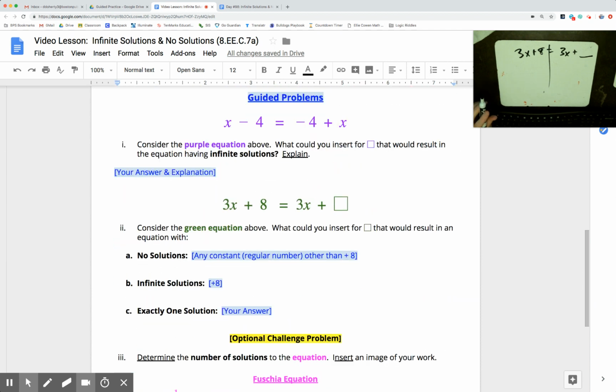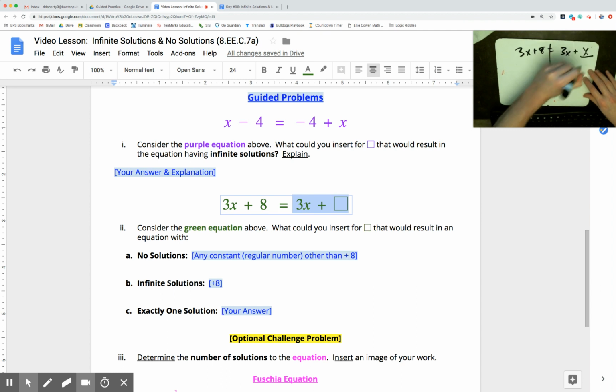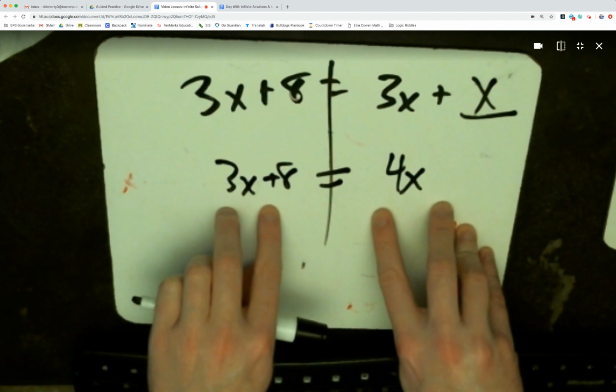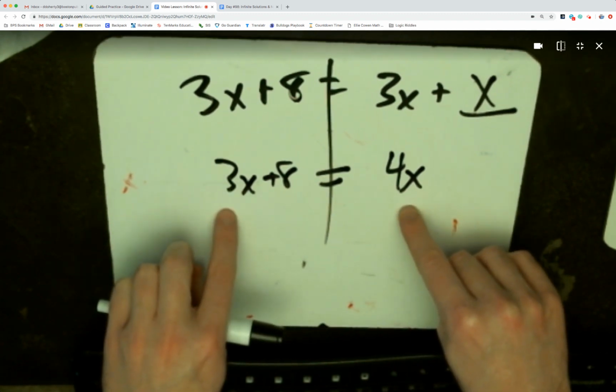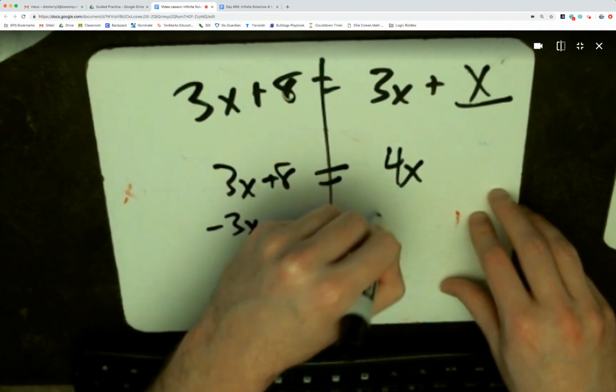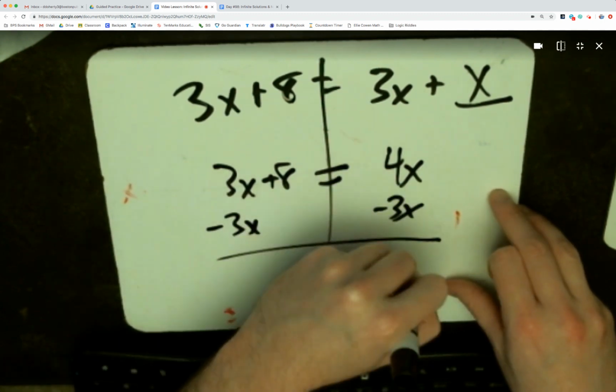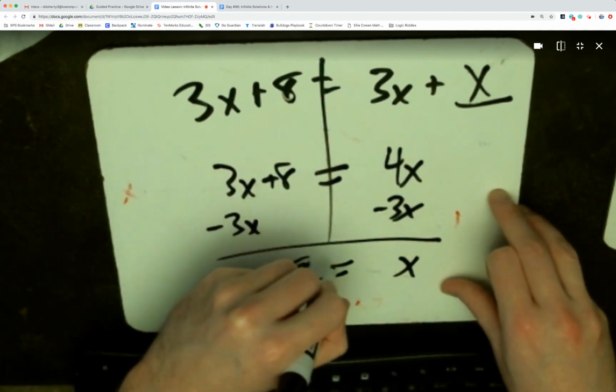So what we need to do is get this to be the right expression to be something other than 3x so that it doesn't eliminate the 3x on the opposite expression. Easiest, simplest thing, if I turn that into x, 3x plus x becomes 4x. Now, as you look at this whiteboard, I don't have to go further to know that this equation has just one solution. The 4x over here, the 3x over there won't eliminate on both sides. Instead, I'll be able to gather x's on one side, constants on the other.